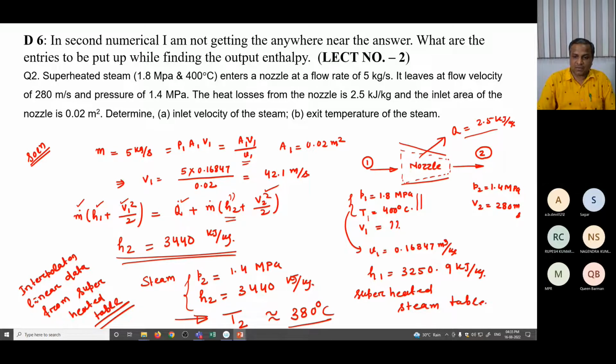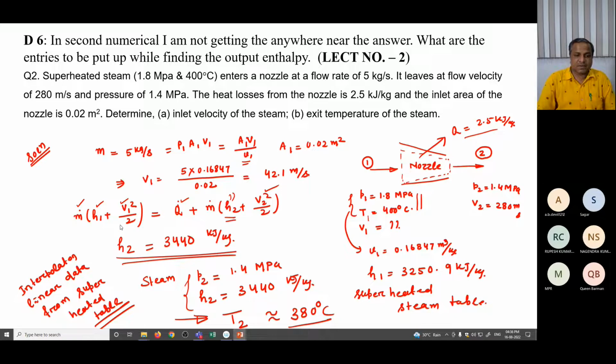I'll tell you how you are going to get it. At these conditions, you get specific volume as 1.616847. I have simply used that number here to get the velocity V1.